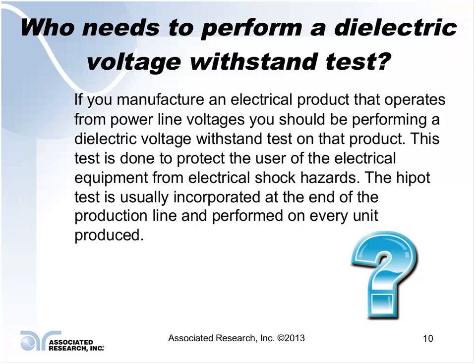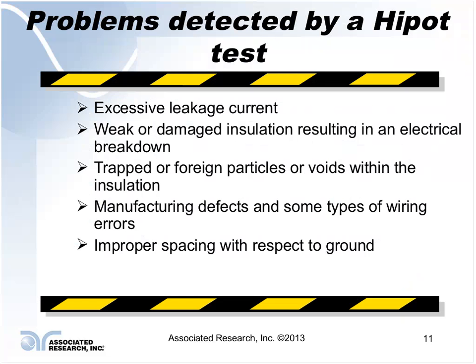There's adequate spacing between what is meant to be a circuit carrying line power and circuits that are not meant to be carrying power, so the ground circuits or any metal enclosures of the product itself, any exposed dead metal. Okay, problems that you can detect by a Hipot test: excessive leakage current.